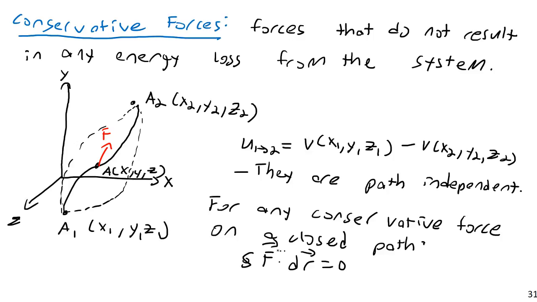In other words, if I trace a complete circle, for example with gravity, if I went up and down and came back to where I started, the overall change in potential energy is going to be 0. So that's the basic idea of conservative forces.